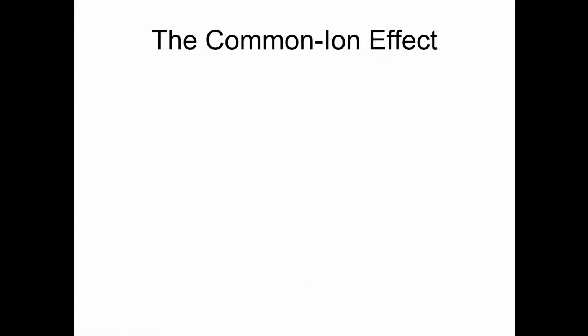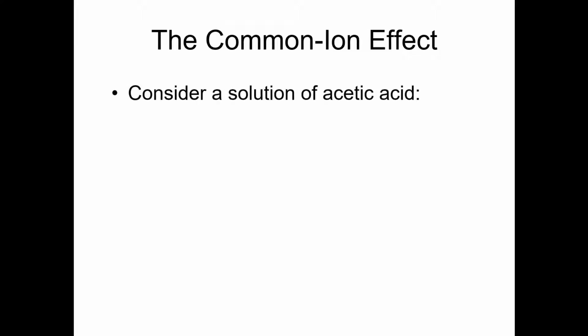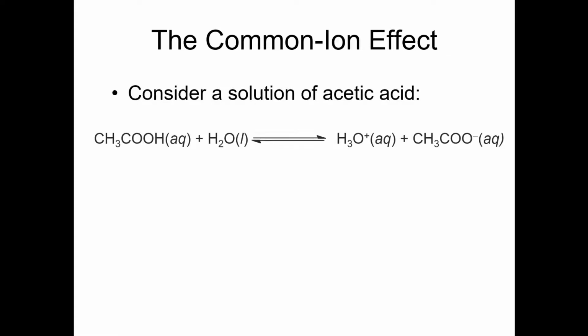So let's try taking a look at this in a quantitative way. And so let's consider acetic acid. When we put acetic acid into water, because it's a weak acid, it will ionize partially, generating hydronium or H+ ions and acetate ions. But now instead of looking at that just in pure water, what would happen if there was already some acetate in solution?